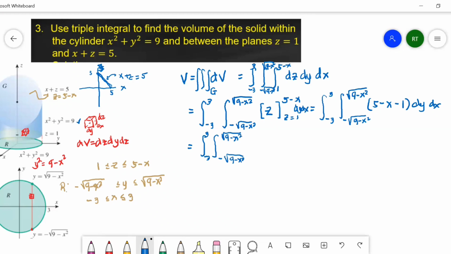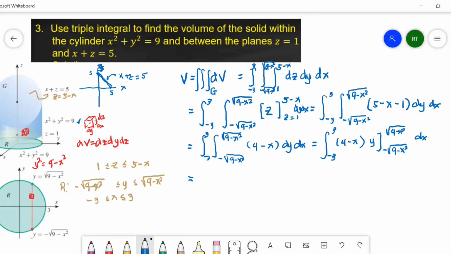If we simplify 5 minus x minus 1, that gives us 4 minus x, dy dx. Since x is temporarily held as constant, in the inner integral 4 minus x is constant, and the integral of dy is y, where y goes from negative square root of 9 minus x squared to positive square root of 9 minus x squared, times the differential of x.